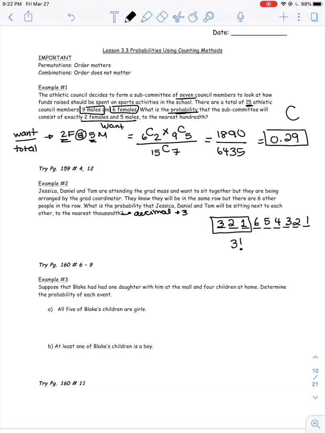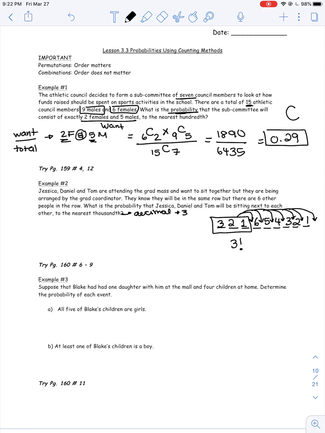Whenever we have situations where people have to be together, we need to say where they can go. They could be in the first spot, in front of the 6th person. They can be in between the 6th and the 5th person, in between the 5th and the 4th, in between the 4th and the 3rd, in between the 3rd and the 2nd, in between 2 and 1, and finally in the last spot.